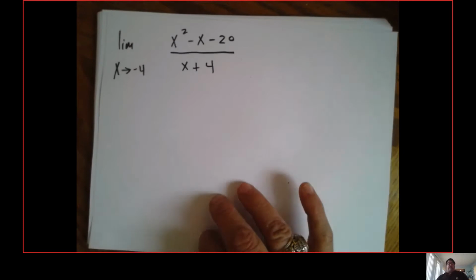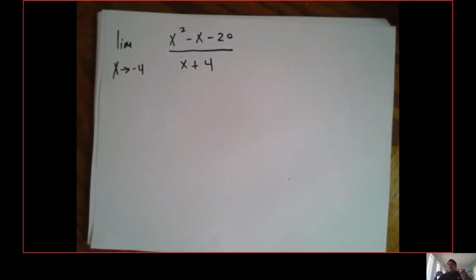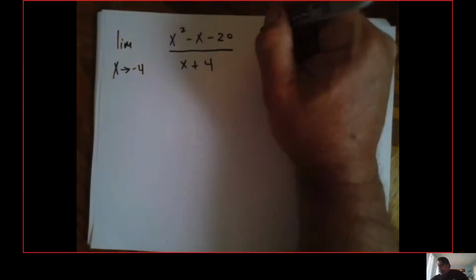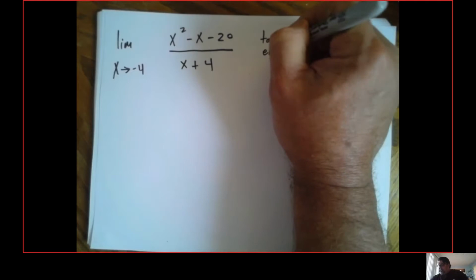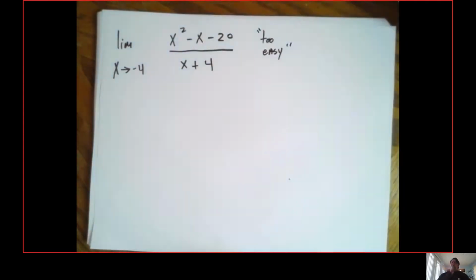So we started with this one right here. Limit as x approaches -4. And the first thing you would think, being that the first thing we went over was plug and chug, is plug and chug. Well, we're not going to plug and chug, because plugging and chugging will give us an undefined function, which is too easy. Remember, I told you, if something is too easy in calculus, then chances are it's not real.